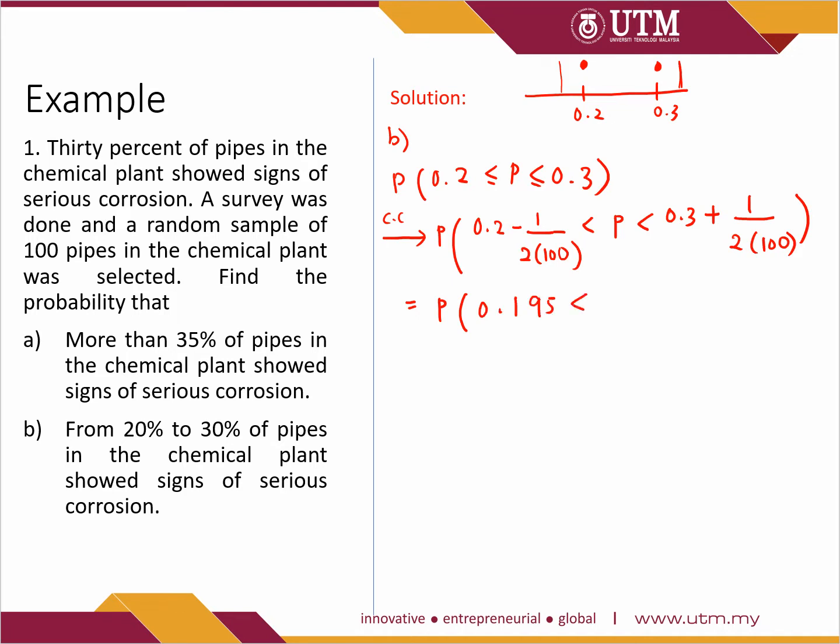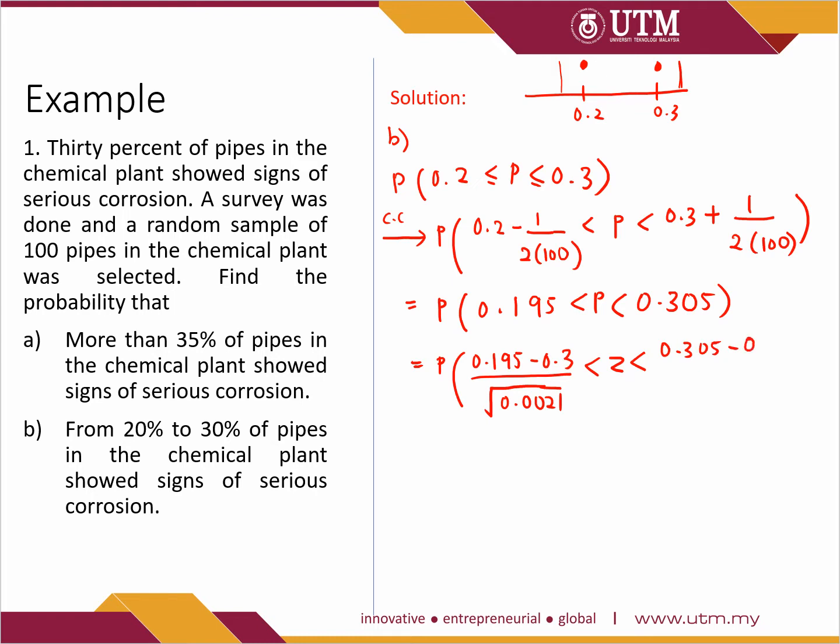which is equal to the probability of 0.195 less than proportion less than 0.305. So using the standard normal distribution, this would be 0.195 minus 0.3 divided by the square root of 0.0021, and 0.305 minus 0.3 divided by the square root of 0.0021.